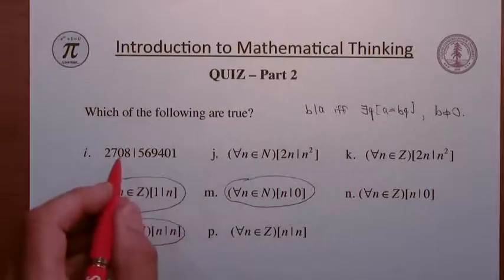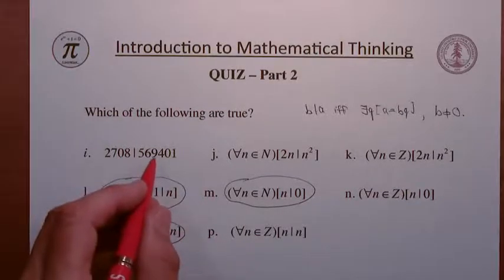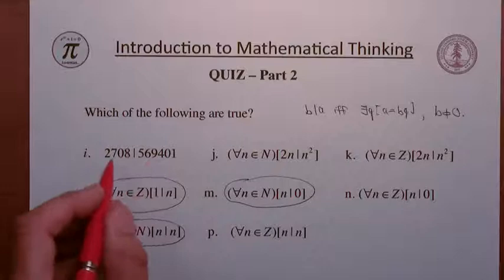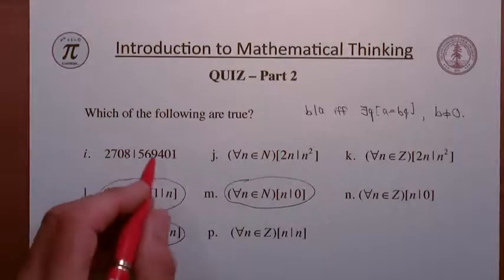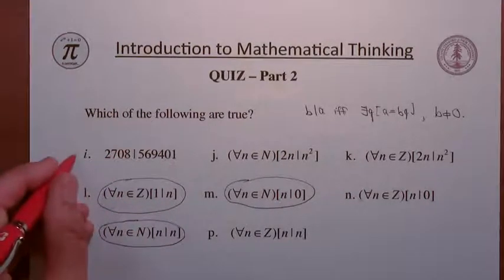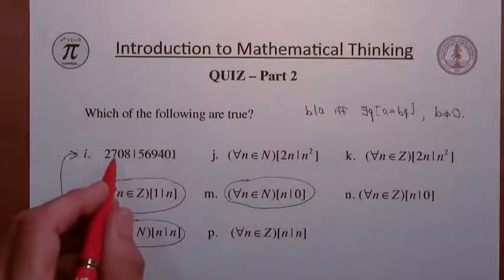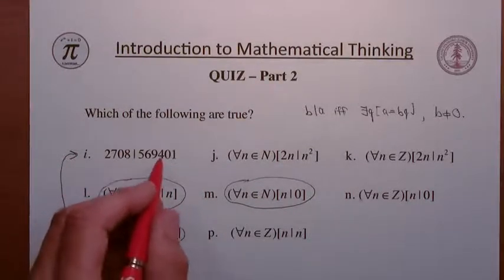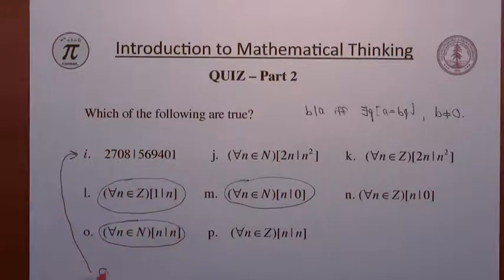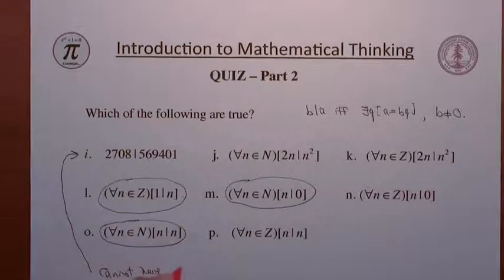Well, this one is false because that simply doesn't divide that. However, if you got out a calculator and actually tried to divide it, then you were missing the obvious point. This is an even number, and that's an odd number. And we cannot have an even number dividing an odd number.